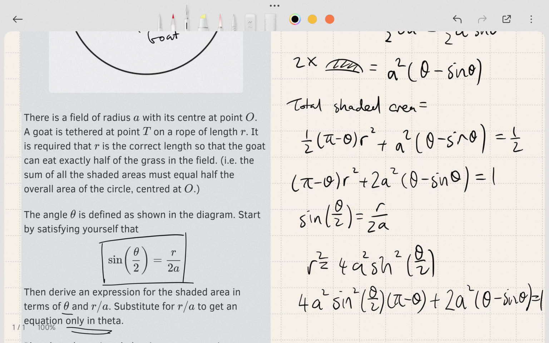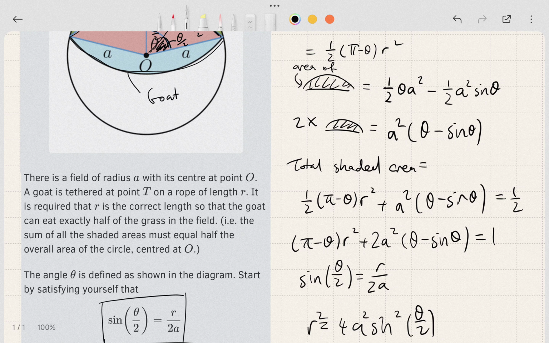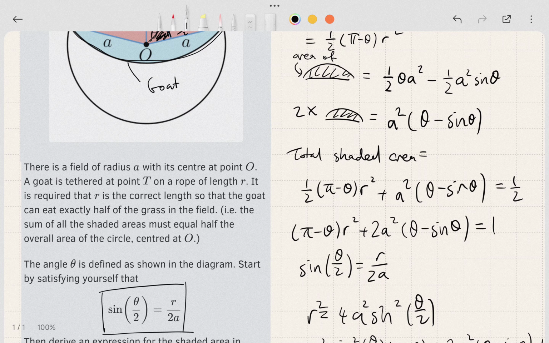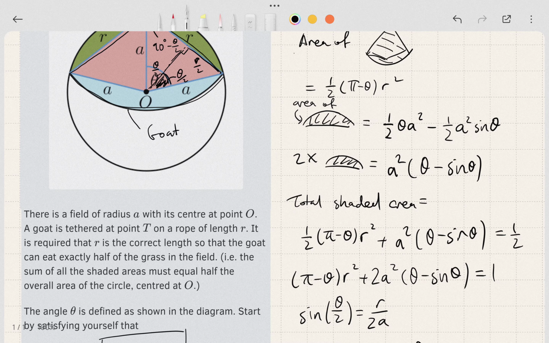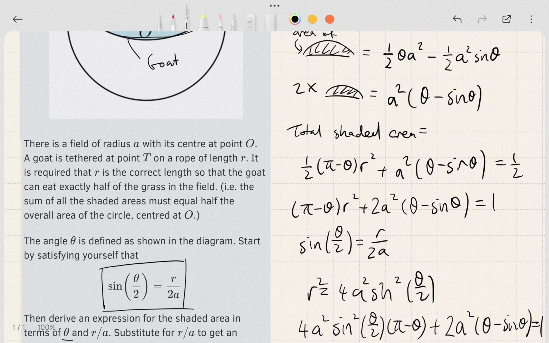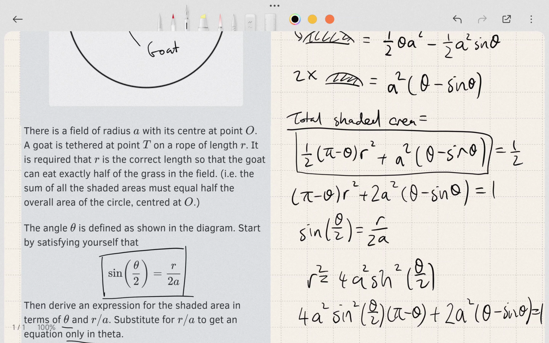Yeah, so half of pi minus theta r squared plus a squared sine theta, minus, yeah, that makes sense. That all makes sense. This here does make sense. Then, okay, I'm looking at the answers here.